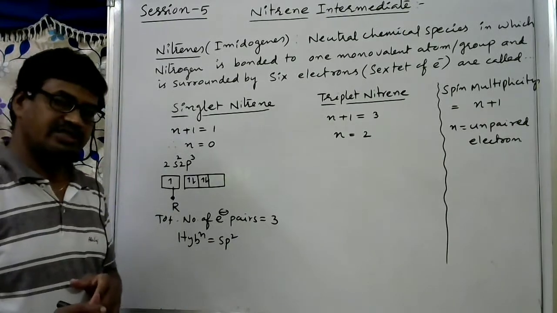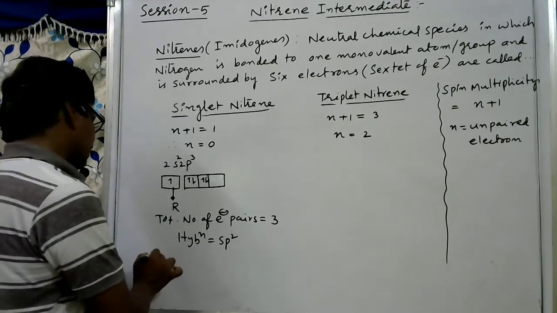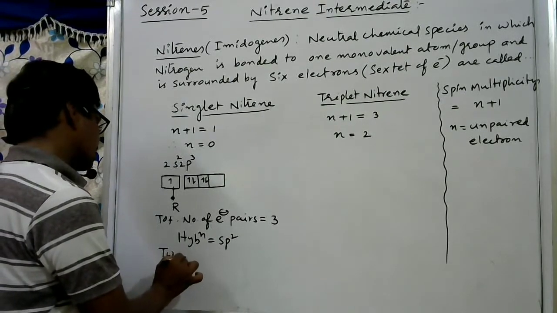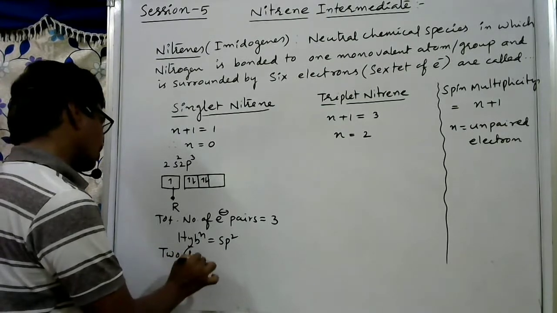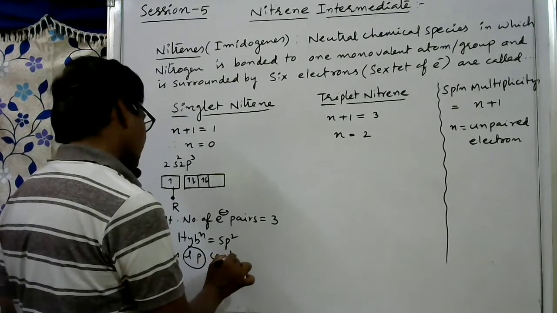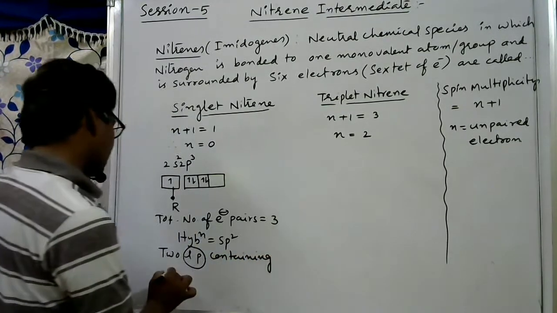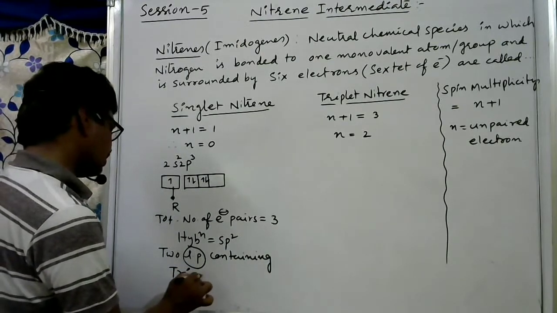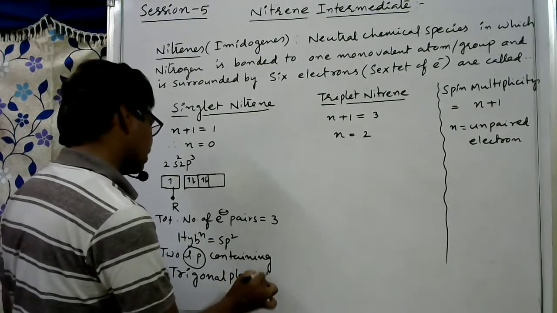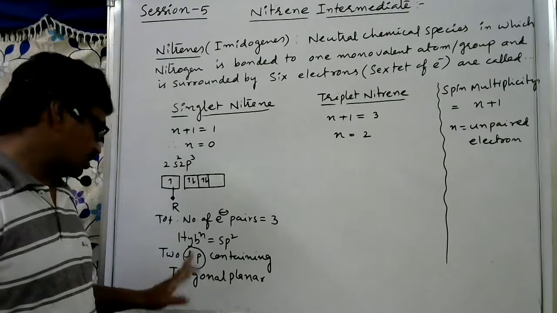But because of the presence of these two lone pairs, what is the geometry? With 2 lone pairs, the shape is trigonal planar.